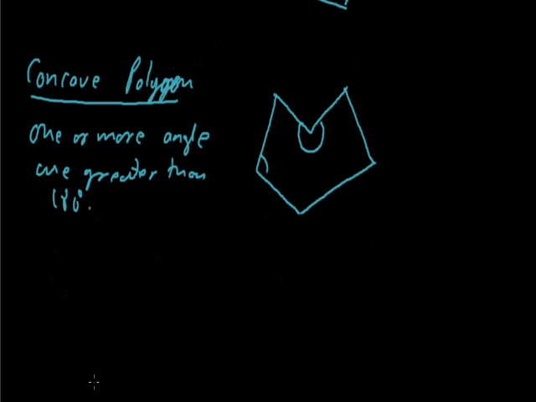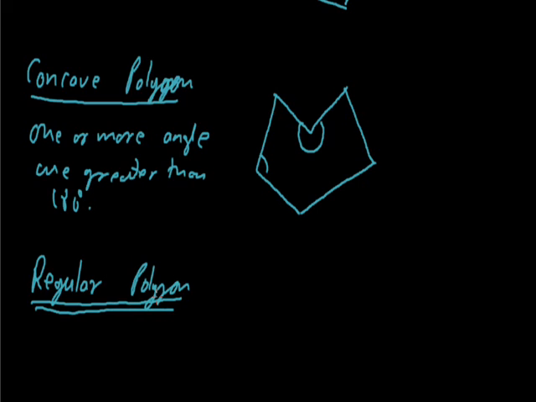Now we come to the next point, that is regular polygon. What do you mean by a regular polygon? Regular polygon means if a polygon of n sides has all sides of equal length and all the angles equal.